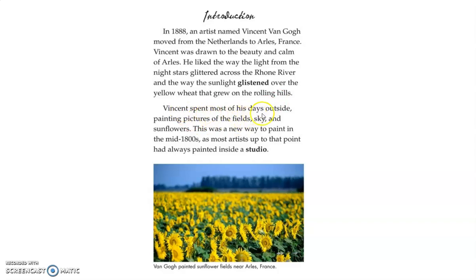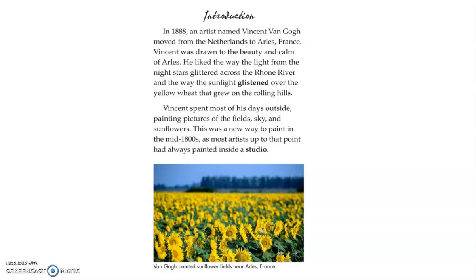Vince spent most of his days outside, painting pictures of the fields, sky, and sunflowers. This was a new way to paint in the mid-1800s, as most artists up to that point had always painted inside a studio.